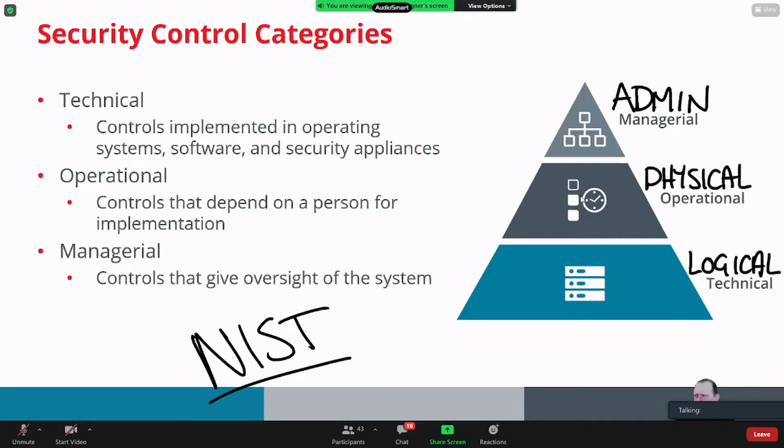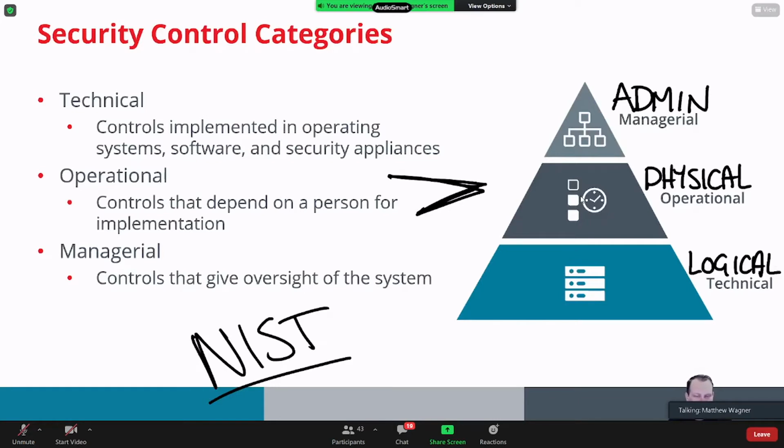So I make sure that I have a lock on my front door. Now, for that lock to function, I have to make sure that I lock it every day. This is an operational control and a perfect example of one. It happens to depend on a person for implementation, and furthermore, it is physical in nature.